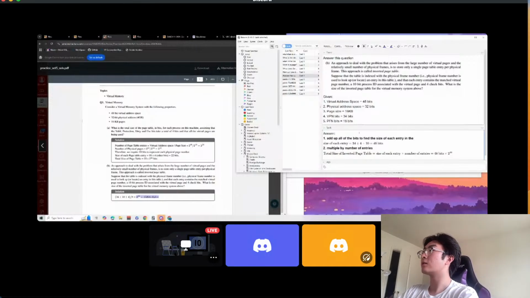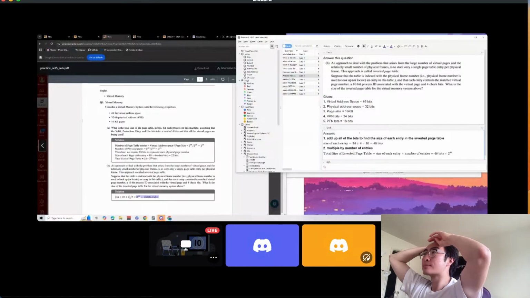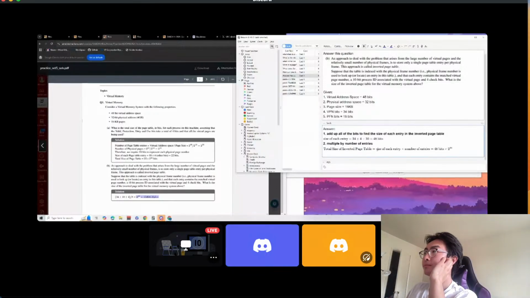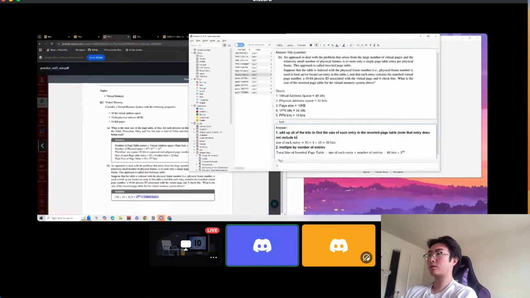In the inverted page table, note that the size of the entry does not include bits for the indexing column.